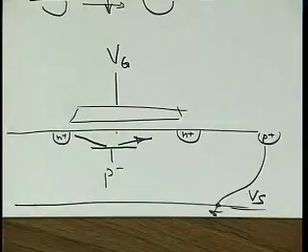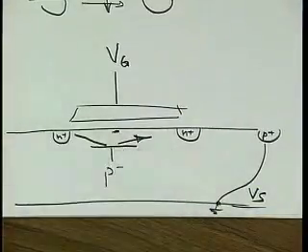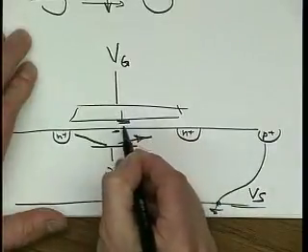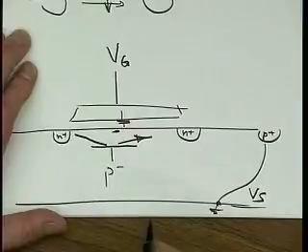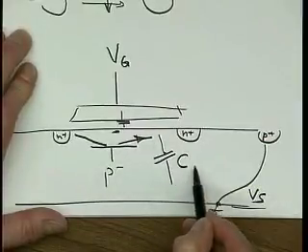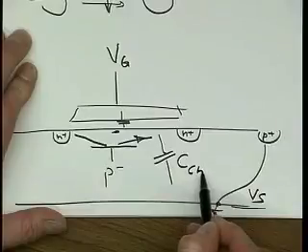But we don't contact the channel ohmically, we contact it capacitively. We have here a capacitor, and then another capacitor, C channel bulk.